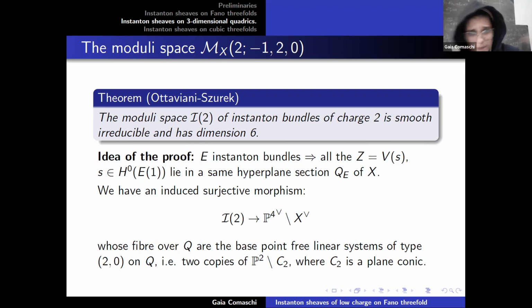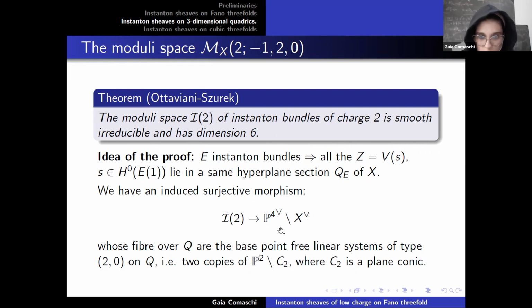For instanton bundles, exactly as it happened for instanton sheaves, all the curves that are the zero locus of a global section of the twist of E are contained in the same hyperplane section of our quadric X. This means that we can define a morphism from the moduli space of instanton bundles to this open.